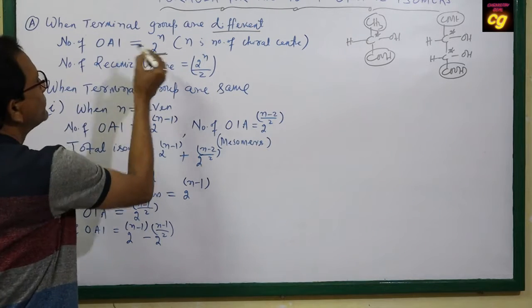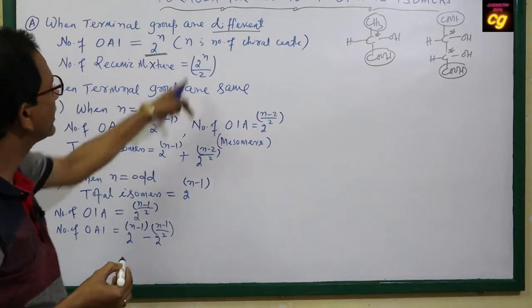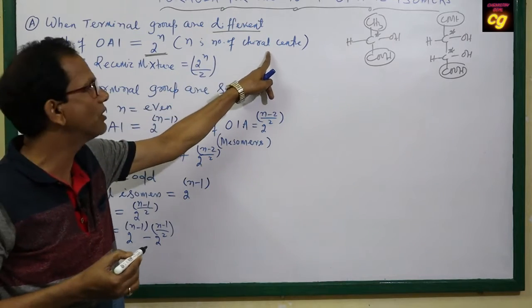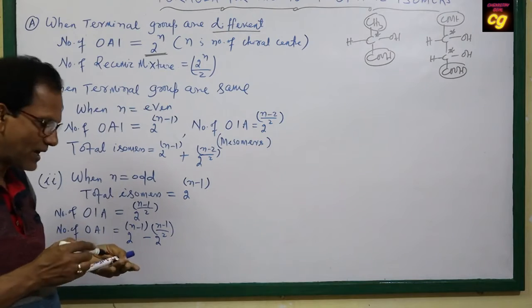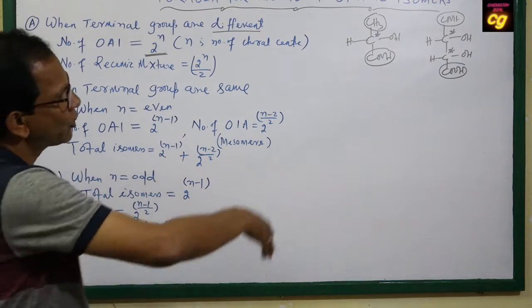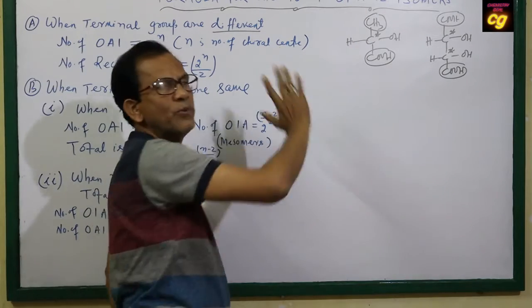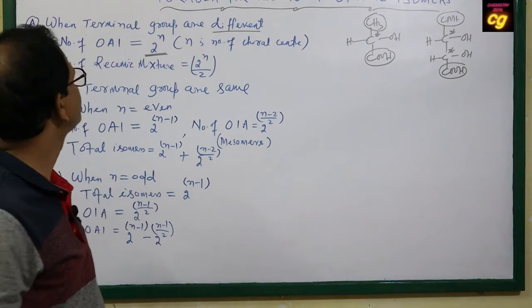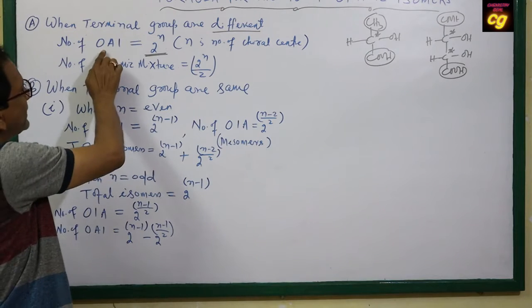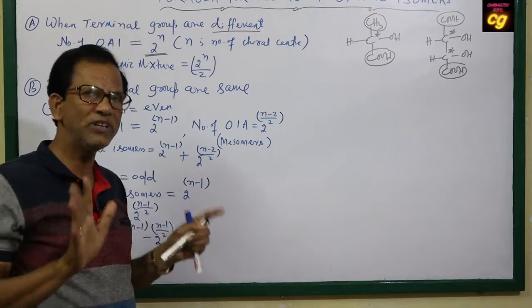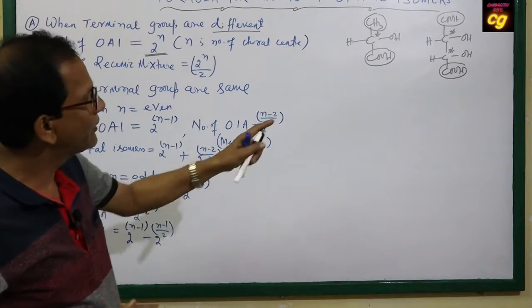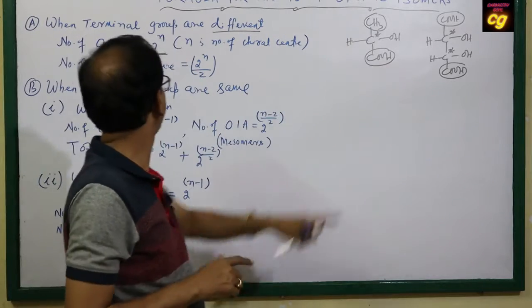Here n is the number of chiral centers, and the terminal groups of the compound should be different. This is the condition. It is always the same formula if the groups are different.